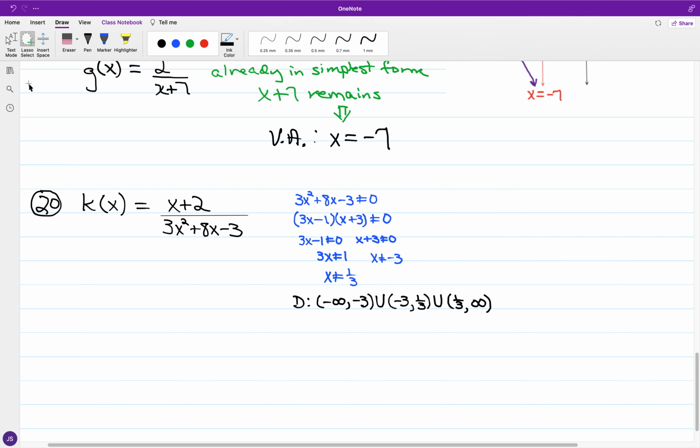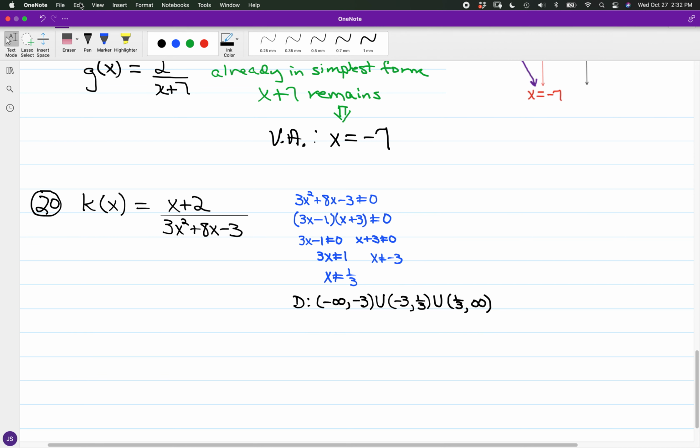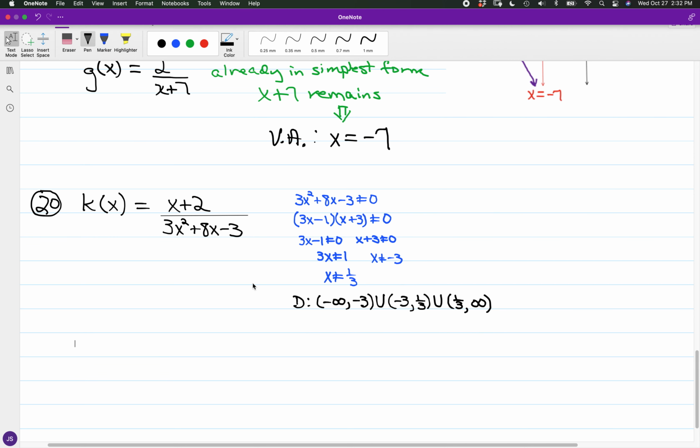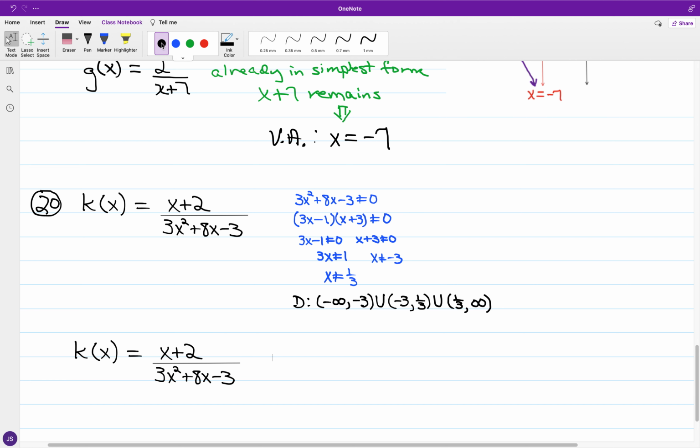And in terms of the asymptotes, let's see if we have any that are vertical. Okay, so we got our k of x, and expressing this ratio in factored form.